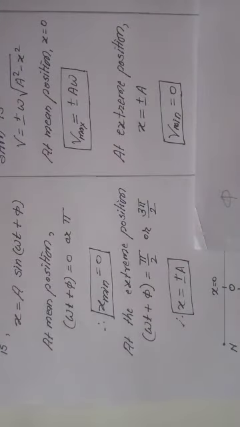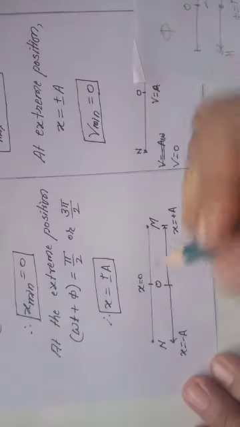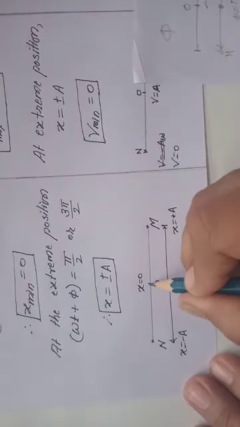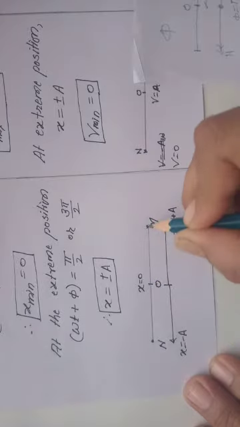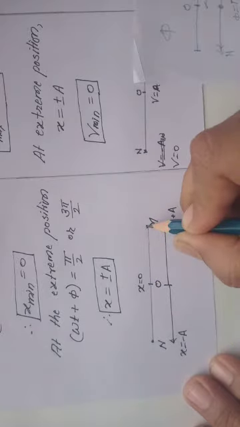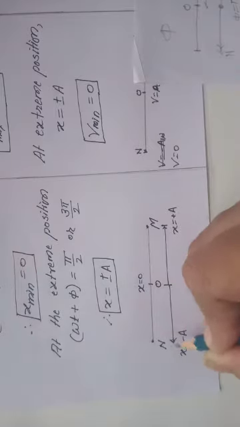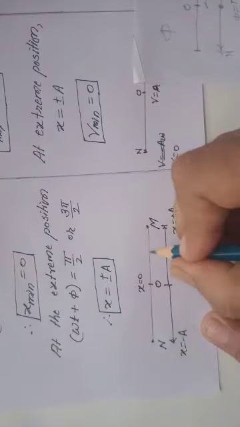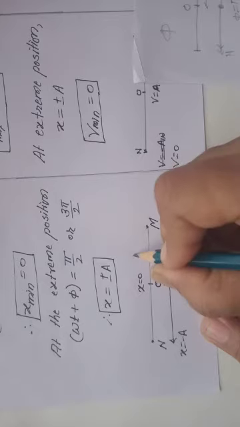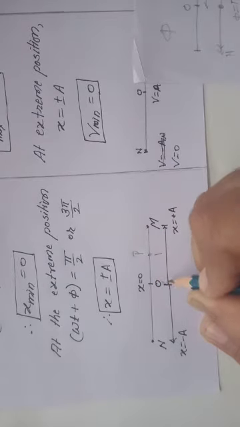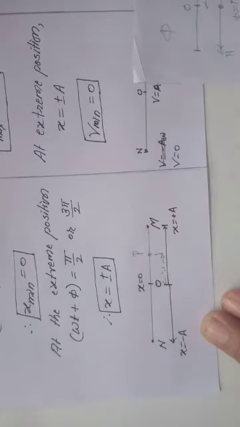Thus displacement at the mean position is 0. See in this diagram, at the mean position the displacement of the particle is 0, at the positive extreme position the displacement is plus a, and at the negative extreme position the displacement is minus a. At any middle point P, we can take the displacement as x. So this is about displacement.